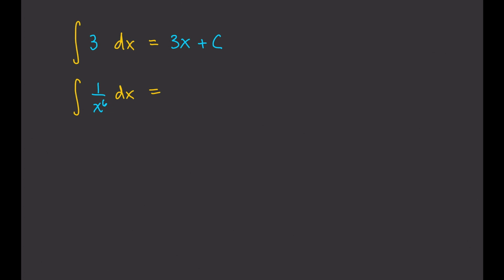And the theorem that we can use is this theorem. It says that the antiderivative of x to the power of n is equal to x to the power of n plus 1 divided by n plus 1 plus c.